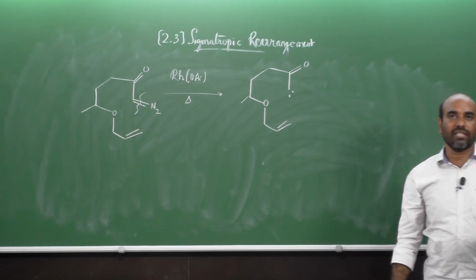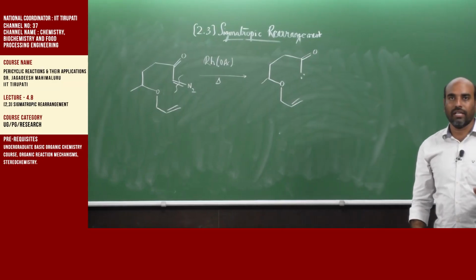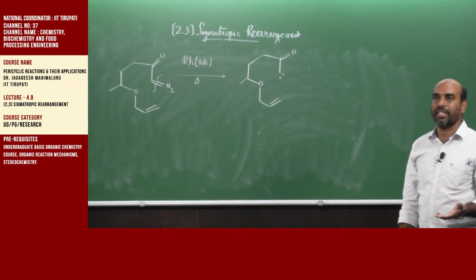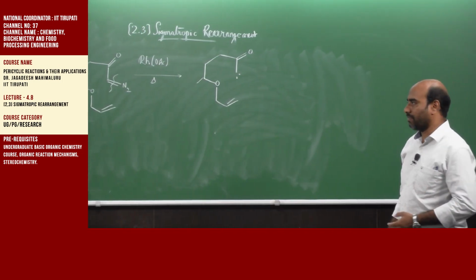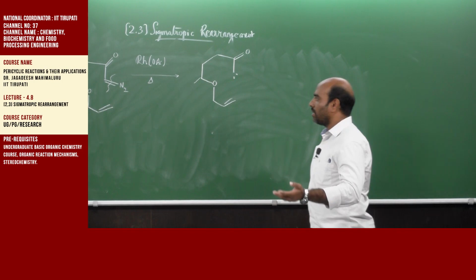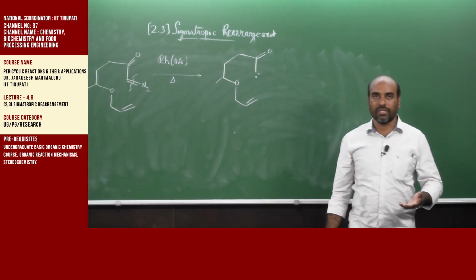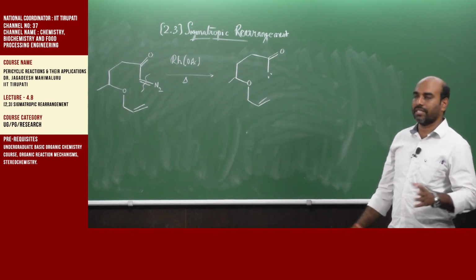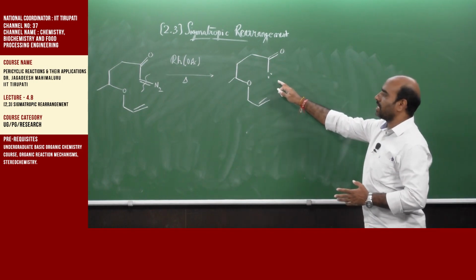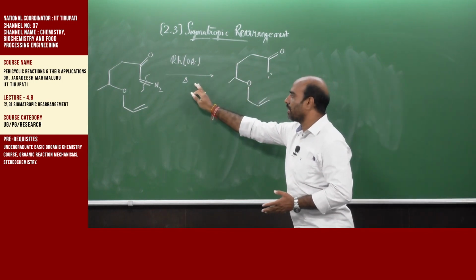If you go back to the basics, a carbene is a reactive intermediate and it can exist either in singlet form or in triplet form. Okay. We do not need that kind of information, whether it is in singlet or triplet form. We just see that a carbene is being generated because of the rhodium catalyst.